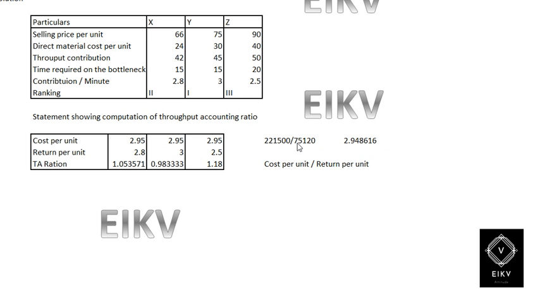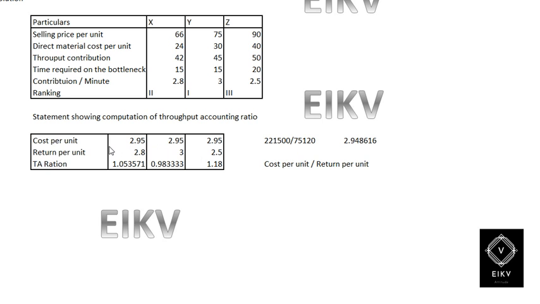Both these details are available in the question. So when we divide 2,21,500 by 75,120, we will get the cost per minute as 2.9694. So 2.95 is the cost per minute.